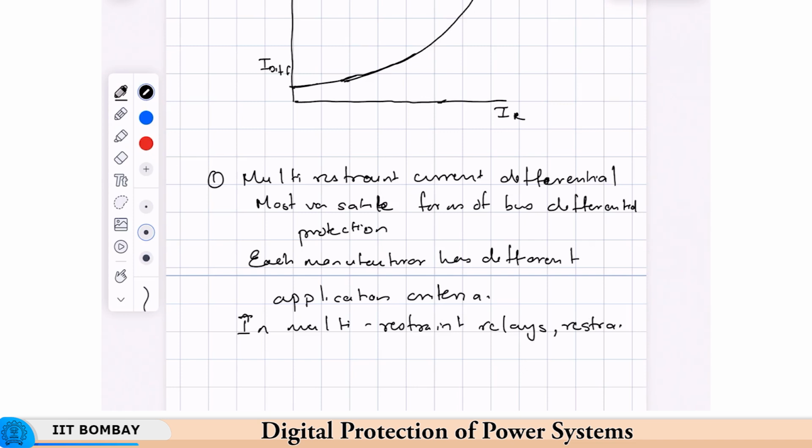Restraint winding is connected to each circuit or feeder which is a major source of fault current.